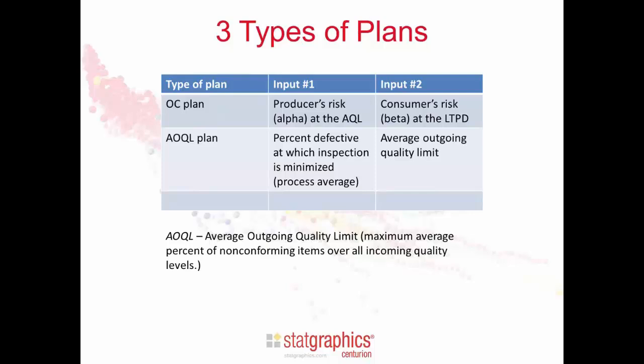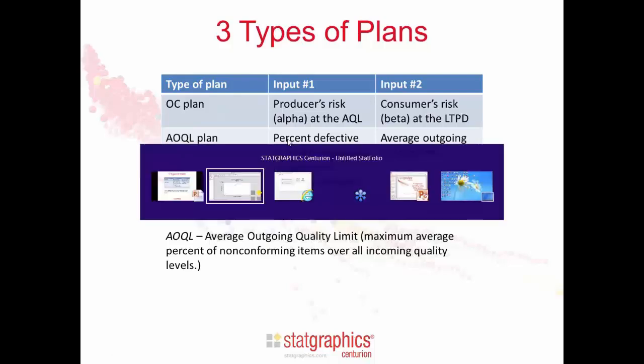In an AOQL plan, you actually input the desired average outgoing quality limit. Okay, that is the worst average outgoing quality limit you're willing to tolerate. You also tell it the percent defective at which you would want to minimize the amount of inspection.